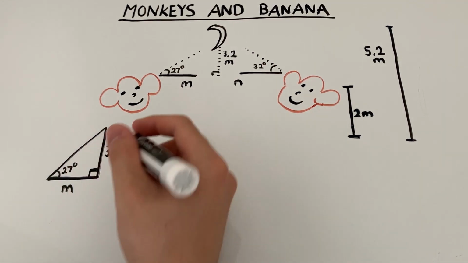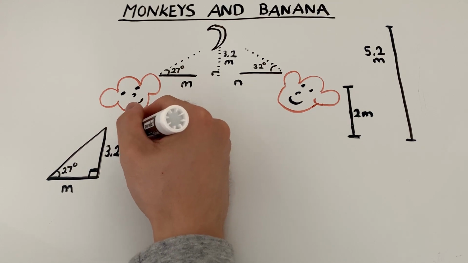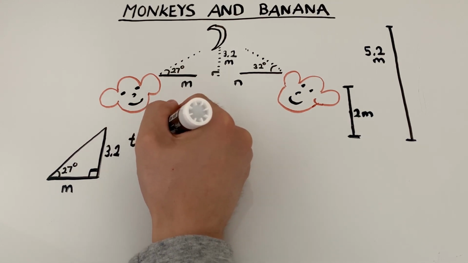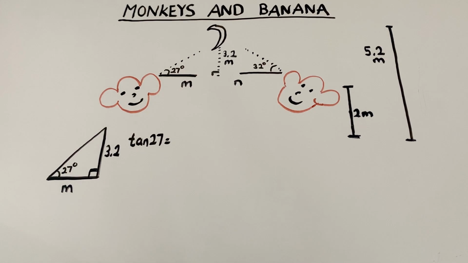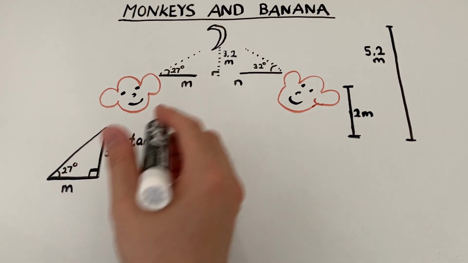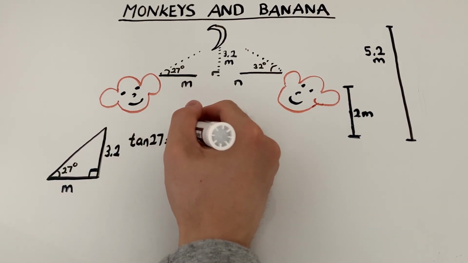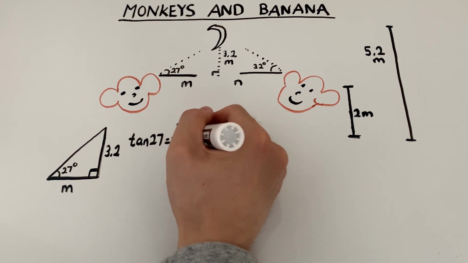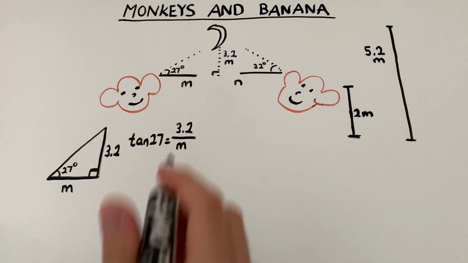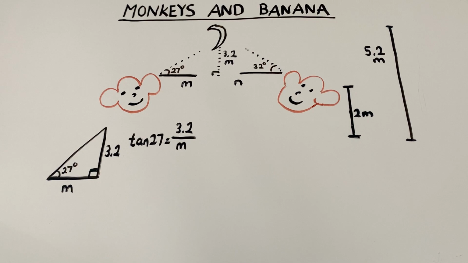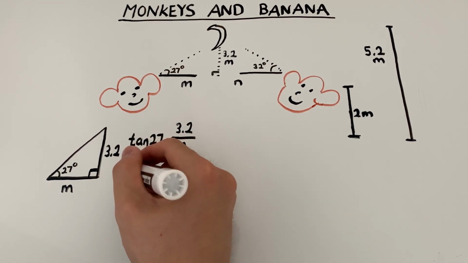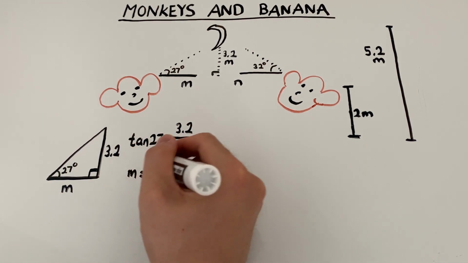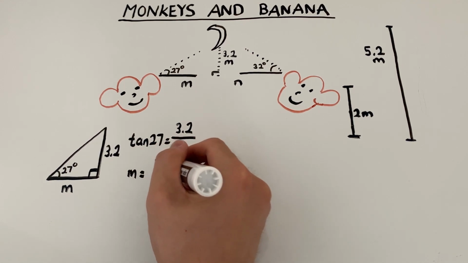Now from here, tangent 27 is equal to opposite 3.2 over adjacent m, which means if we solve for m, m is equal to 3.2 over tan 27.